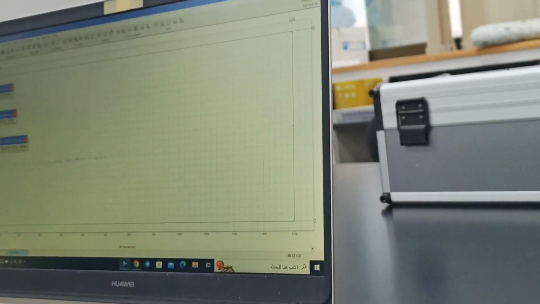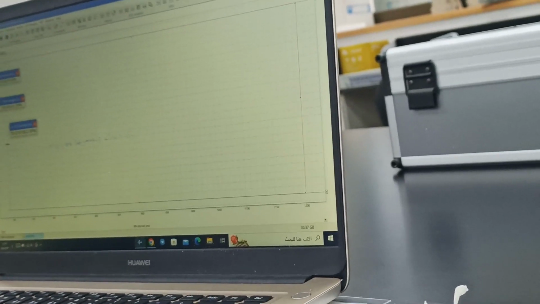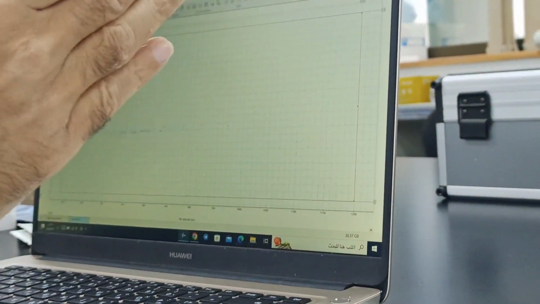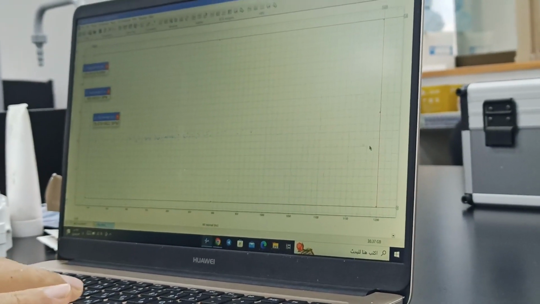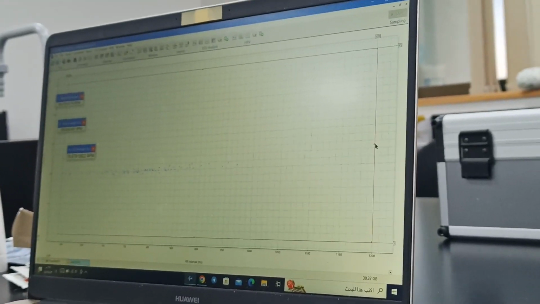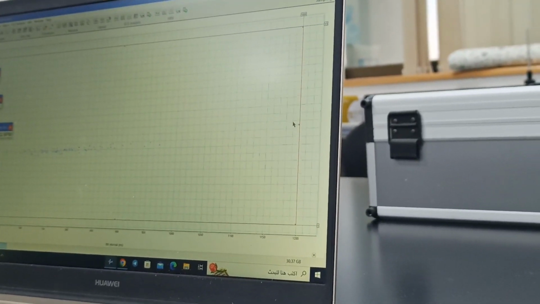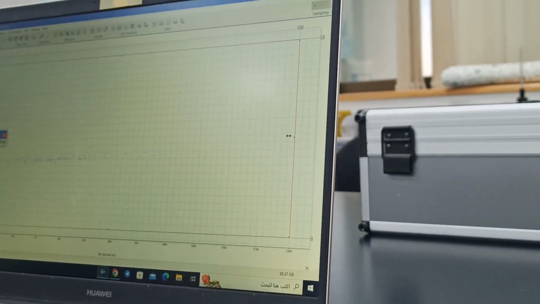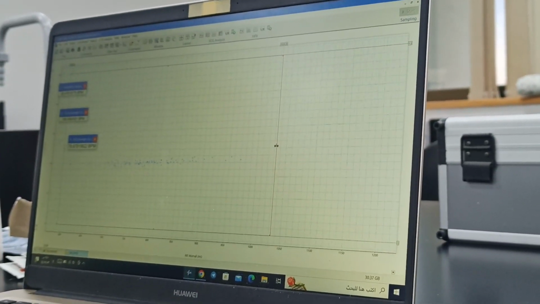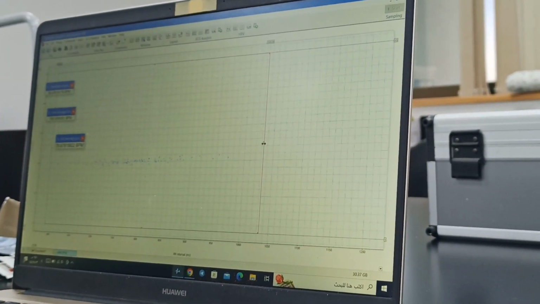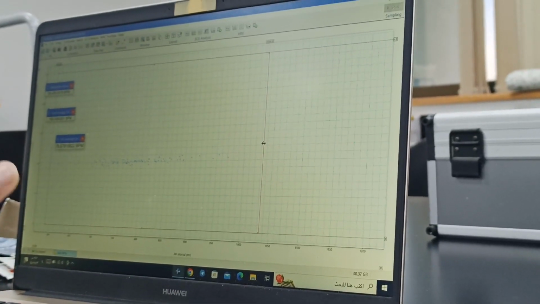If that happens, we probably missed one peak. So we have this option: we do not select that peak. The program will automatically exclude that from the calculations. Would it be considered like an artifact? Yes, it will be an artifact, ectopic.